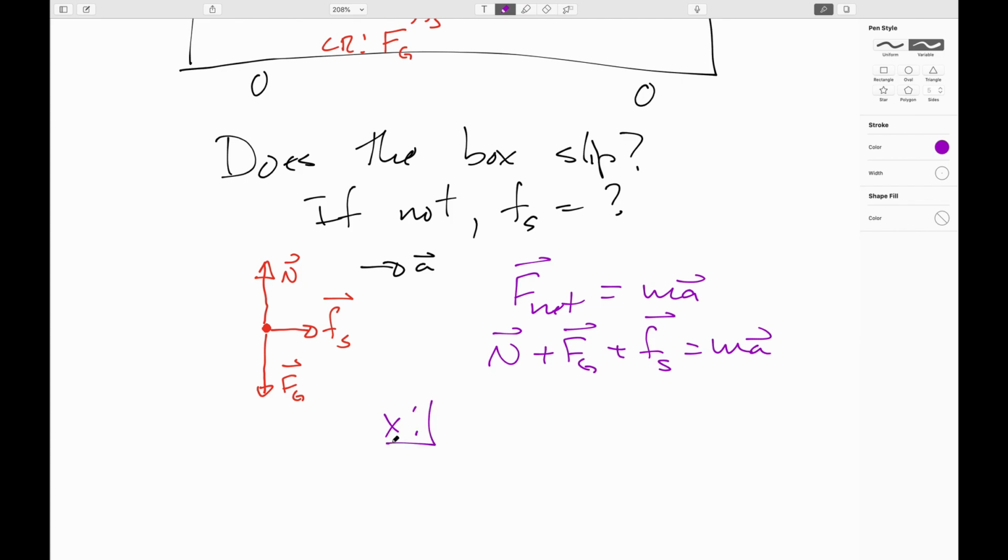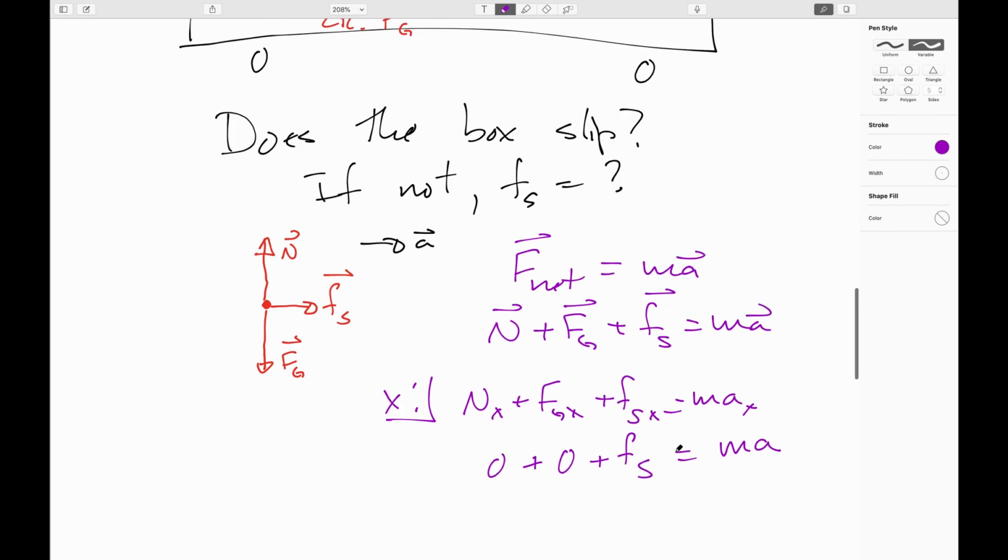So in x, this becomes Nx plus Fgx plus Fsx equals max. The acceleration is entirely along x, so we can just write ma. The normal force is 0 in the x, and gravity is 0 in the x, because they're both going purely in y. And the force of static friction is purely in x, and since it's to the right, it's positive.